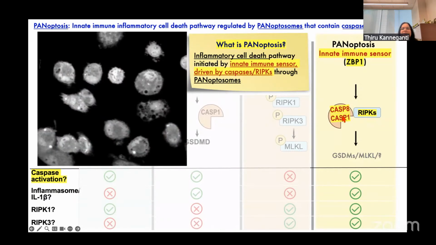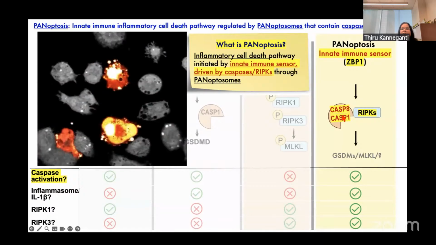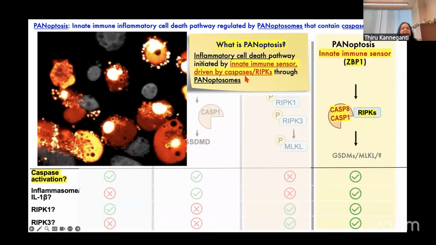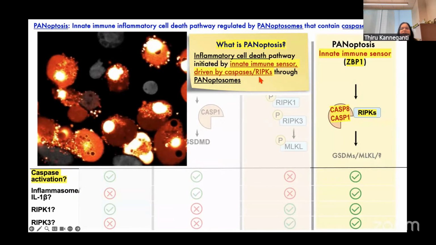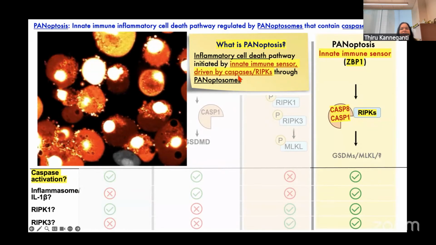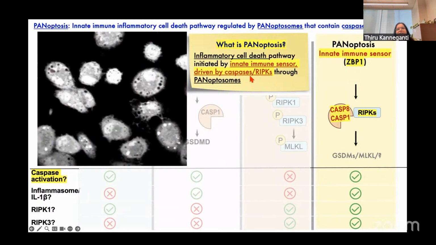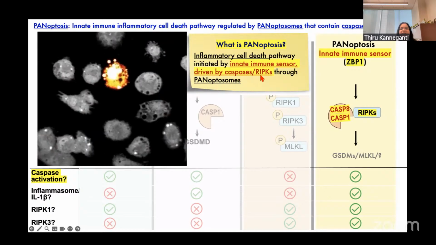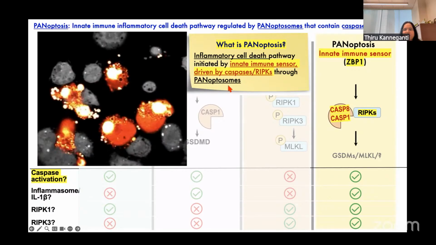Even though we know caspase-8 is a major one, in the future we do not know, because not much is known about other caspases and their roles in lytic cell death. So we kept the definition very broad, because depending on the trigger, other caspases might be involved. So we left it as a caspase and RIPK complex, which is the panoptosome complex.